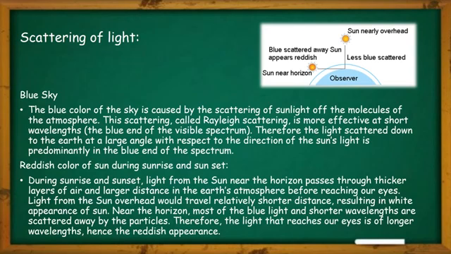When the sun is overhead, its light travels a relatively shorter distance, resulting in the white appearance of the sun. Near the horizon, most of the blue light and shorter wavelengths are scattered away by the particles. Therefore, the light that reaches our eye is of longer wavelengths. Hence, the reddish appearance of the sun is visible to us.